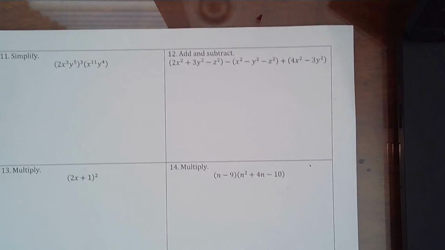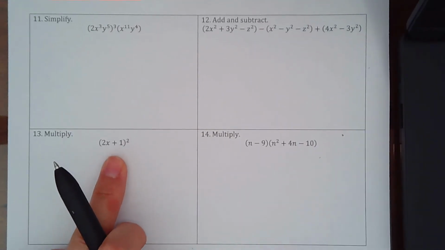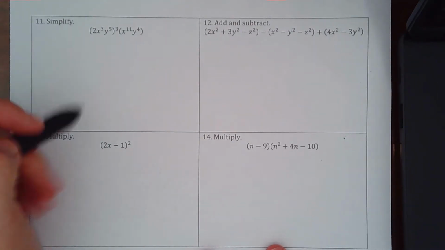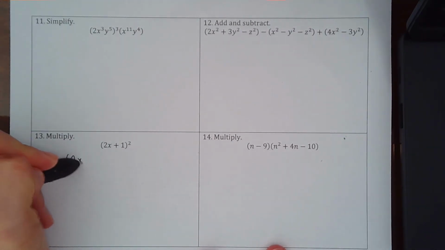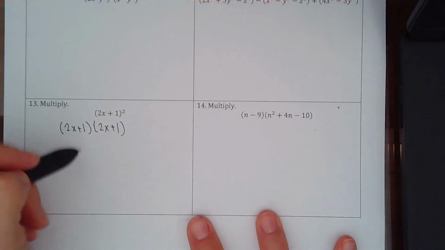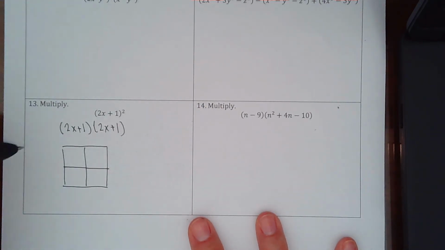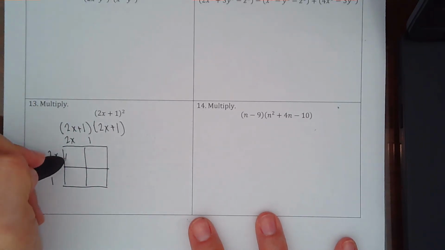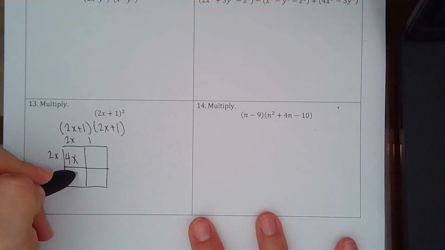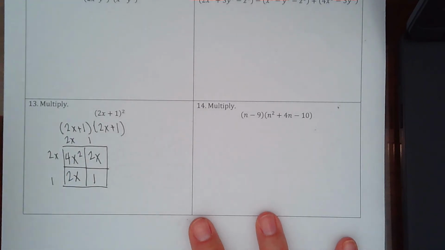On this back side, let's go over this one right here. So remember, that's technically 2x plus 1 times 2x plus 1. So I would just go ahead and use my magic box, or the box method, or FOIL, whichever you're more comfortable with. 2x plus 1, 2x and 1, and I would have 4x squared and 2x, and I would have 2x, and I would have 1.